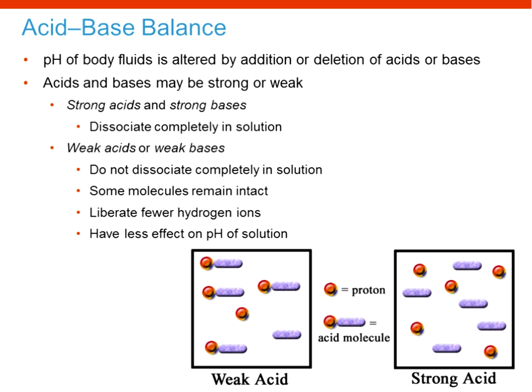Okay, now acids are going to be any kind of molecule that when you put it in a water solution are going to donate a hydrogen ion, meaning the original molecule dissociates into a hydrogen ion and a negative ion, but they stay in ionic form. Okay?